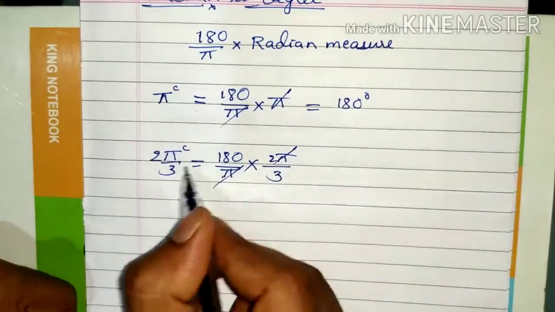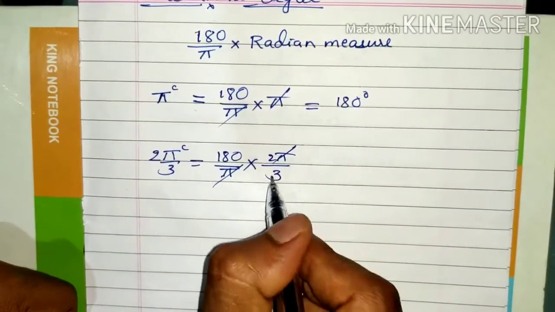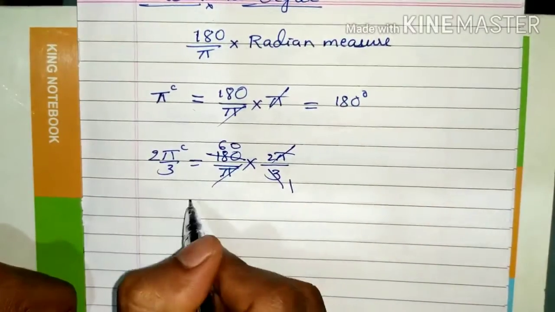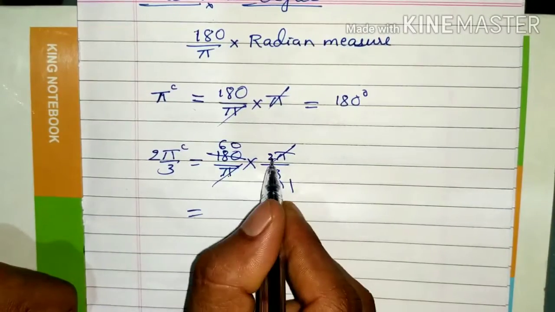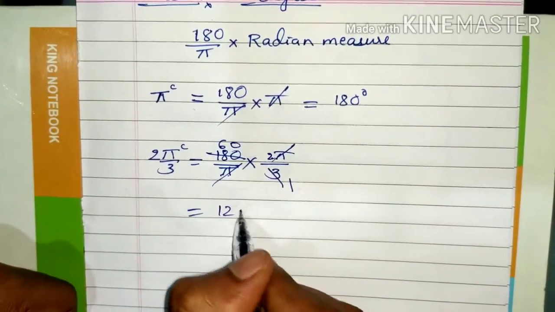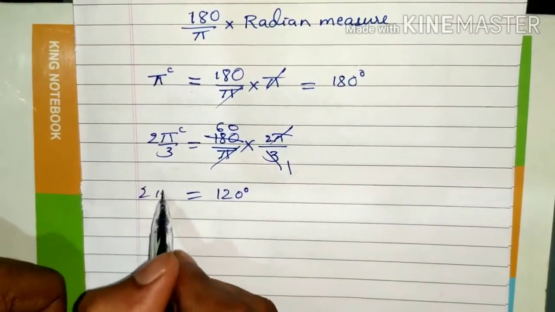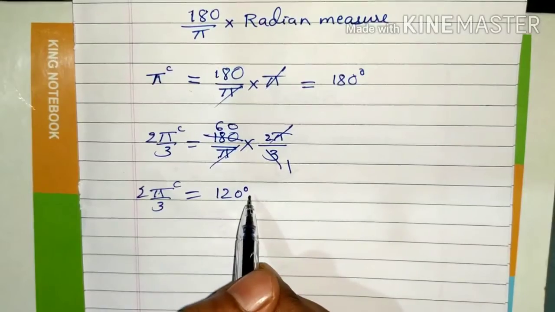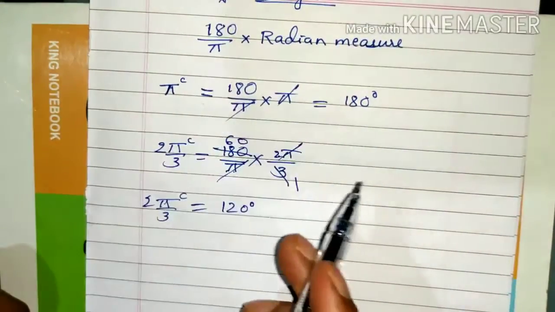Every time you convert radian measure to degree measure, pi will get cancelled. 3 ones are 3, 3 sixes are 18, so that is equal to 60 into 2, which is 120 degrees. Therefore 2 pi by 3 radians is equal to 120 degrees. This is how you convert radian measure to degree measure.